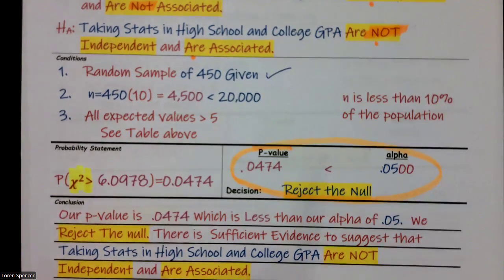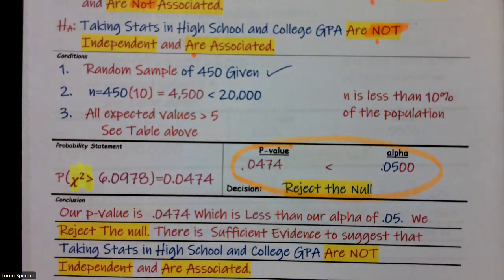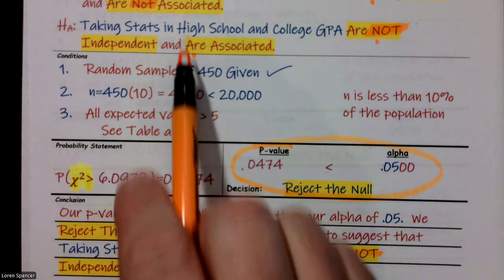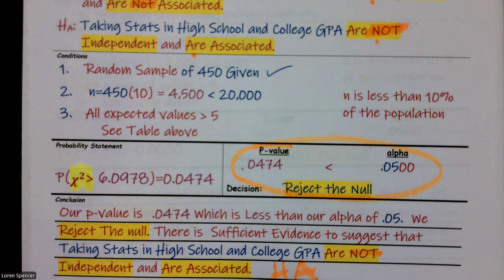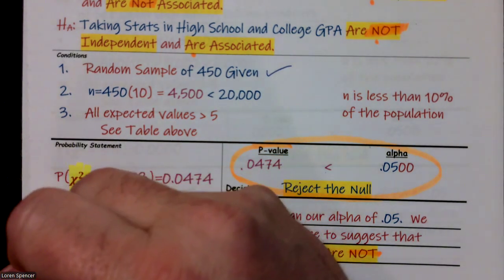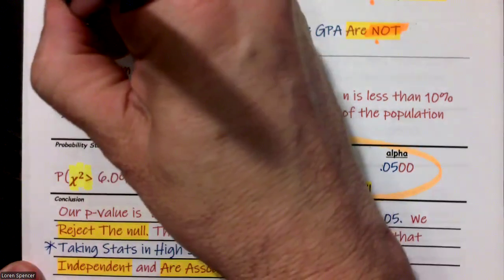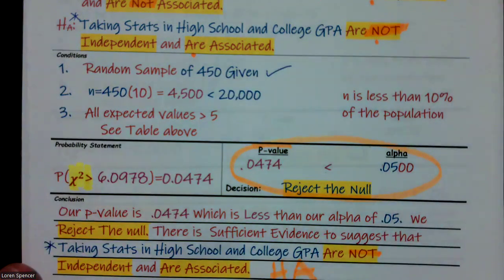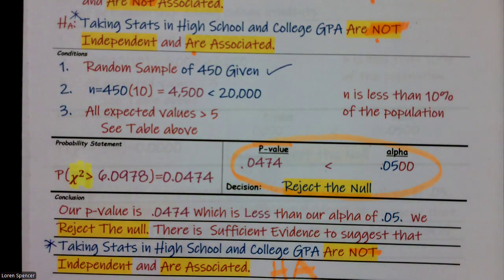There is sufficient evidence to suggest that taking stats in high school and college GPA are not independent and are associated. This is our alternative hypothesis. It says the exact same thing up there. I'm just restating our alternative hypothesis, putting it in words.